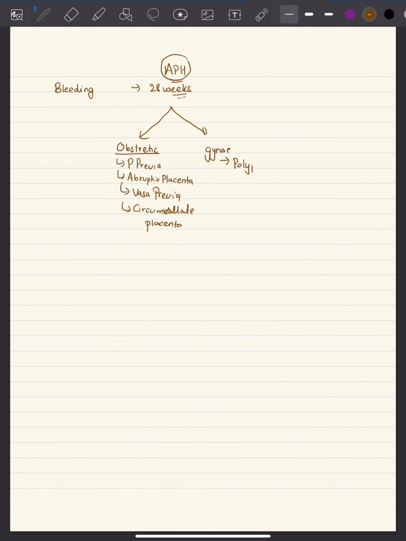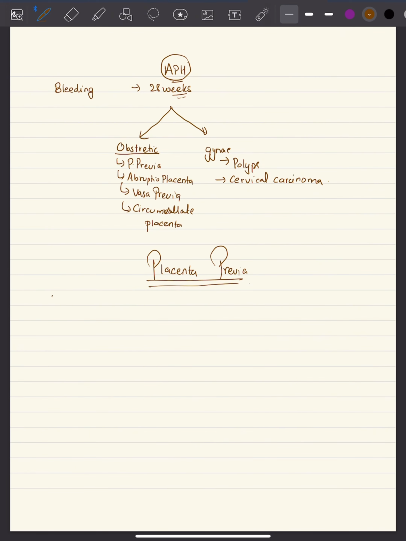Gynecological causes could be due to polyps, or cervical carcinoma, and other causes. So, while we talk about placenta previa, let's first discuss this.